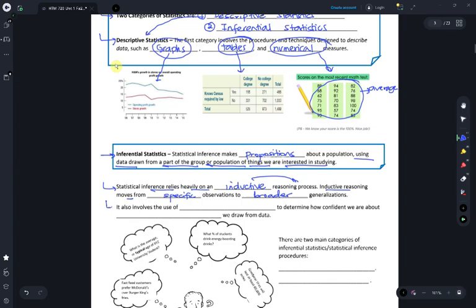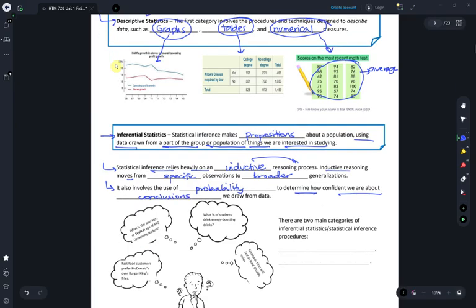So, this will also involve the use of probability to determine how confident we are about conclusions that we draw from data. Okay, and why do we need a little bit of probability?